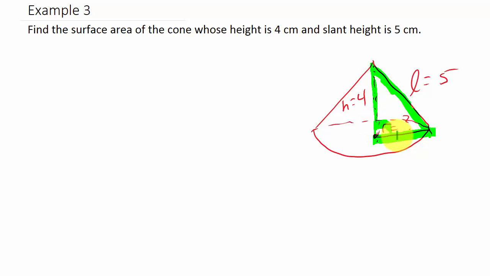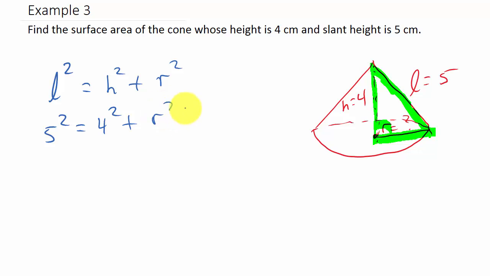We've got a right triangle here. So this is the hypotenuse. So remember the hypotenuse squared is equal to this side squared, which we'll call h, plus this side squared, which is r. So that would be 5 squared, if we plug the 5 in for L, equals h squared, well, h is 4, plus r squared.